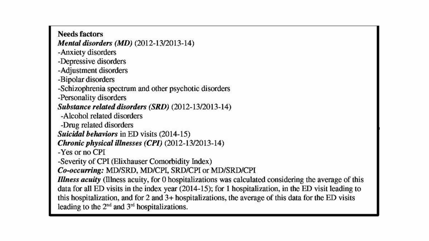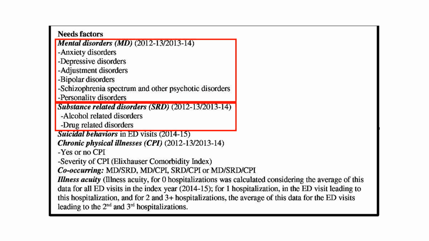Under need factors, mental disorders, which are categorized as anxiety, depressive, adjustment, bipolar, schizophrenia, and psychotic and personality disorders, are nominal in scale. Also, substance-related disorders, categorized as alcohol-related and drug-related, is nominal in scale. Chronic physical illnesses, as yes and no, is also considered nominal in scale.